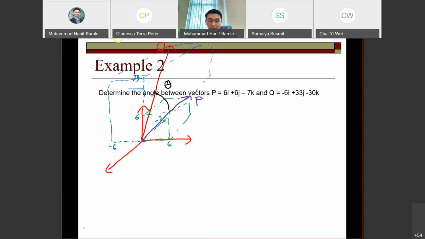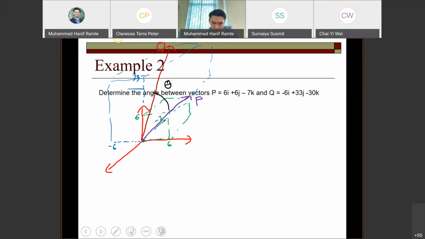This example shows you how to get the theta. You have to determine the angle between vectors P and Q. If I put it into illustration, the theta will be shown like this. We have to find the theta there.